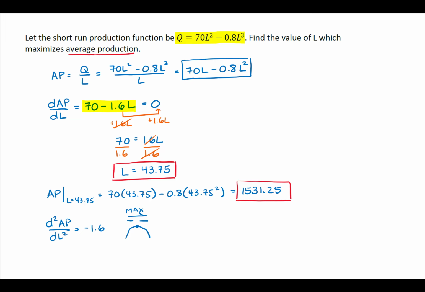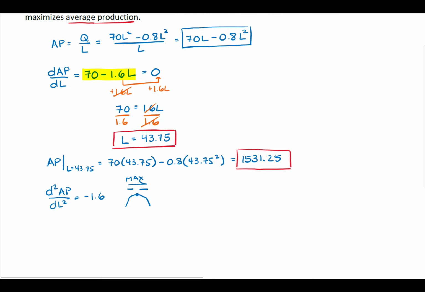Let's see if we can graph this function as well. So I know that this function has one maximum value. I'm going to see if I can find the intercepts now.